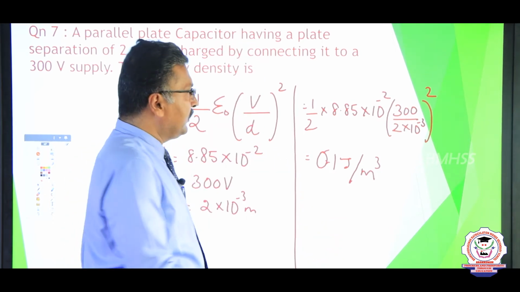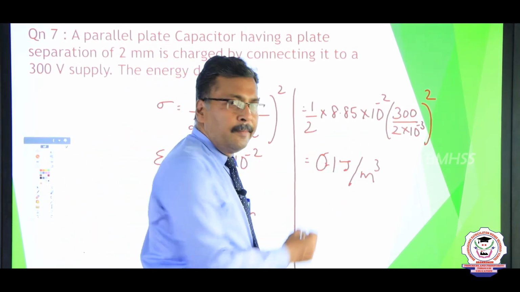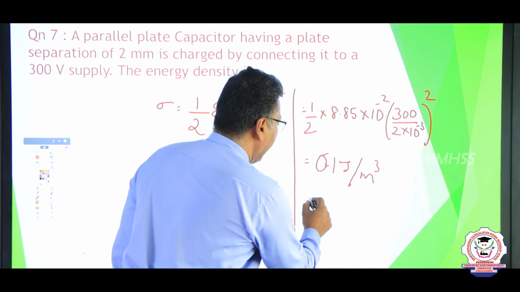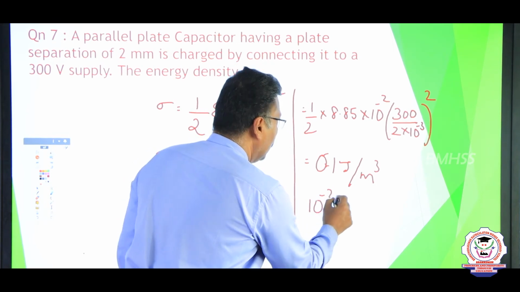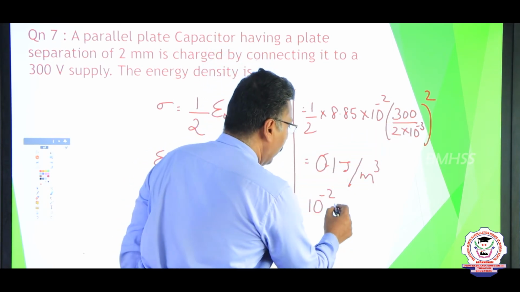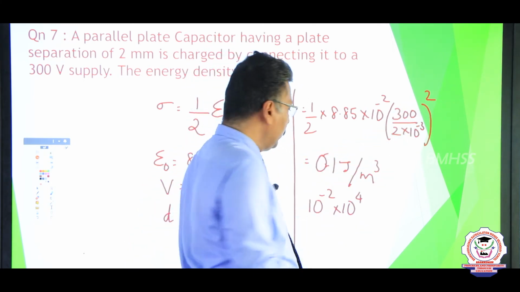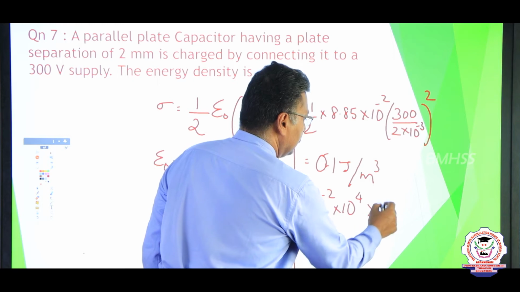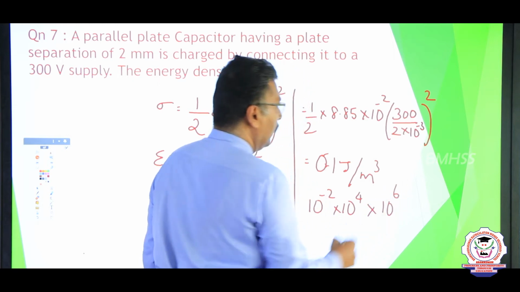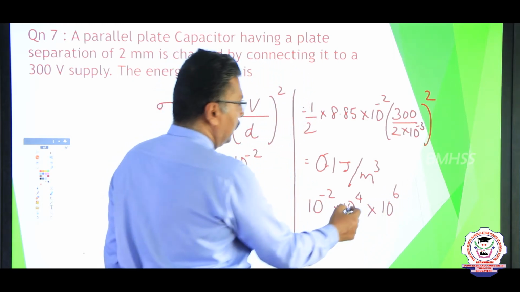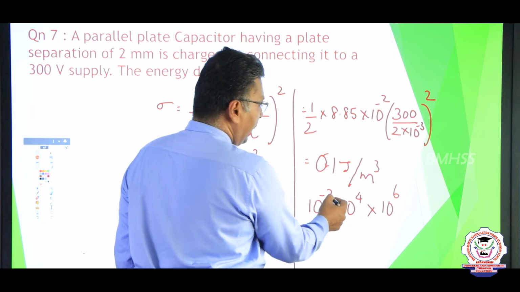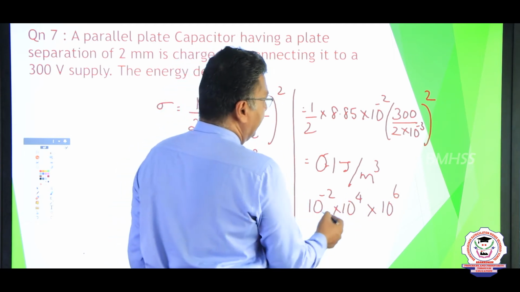We will do a simple arithmetic. So we take all the powers of 10 separately. 10 power minus 2. So this is 100 square, 10 power 4. And this is 10 power minus 3 into 2, 10 power 6. So you get 4 plus 6, 10. 10 minus 2 is 8.